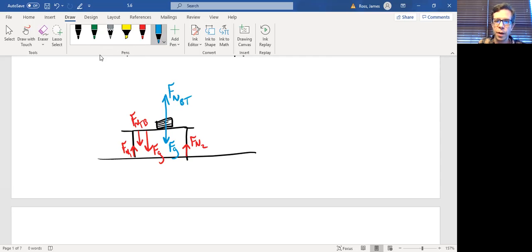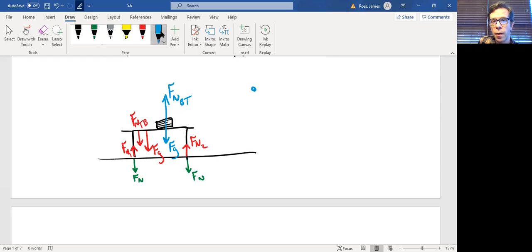All right, is there anything else going on here? We could talk about the normal force of the table on the Earth. And here I've used different colors to represent which object they're on.